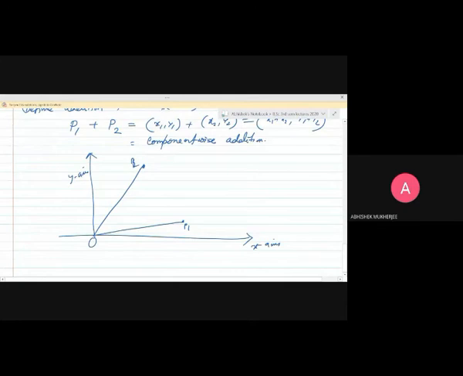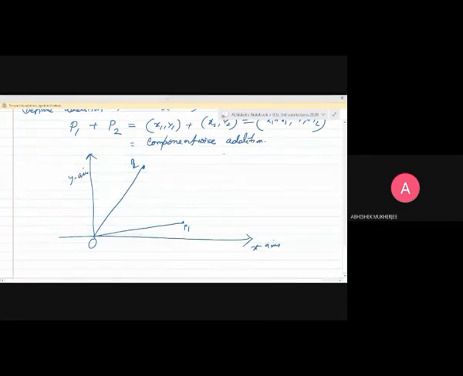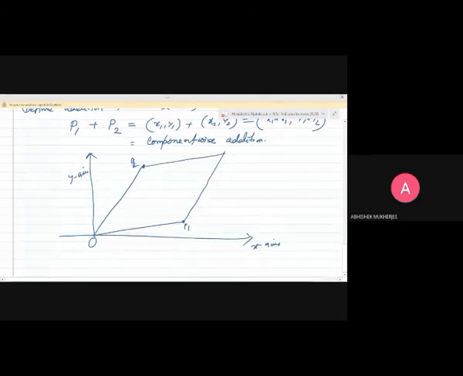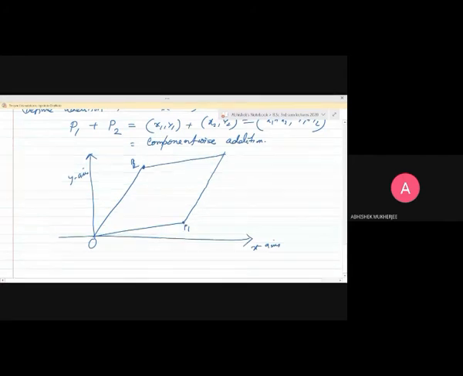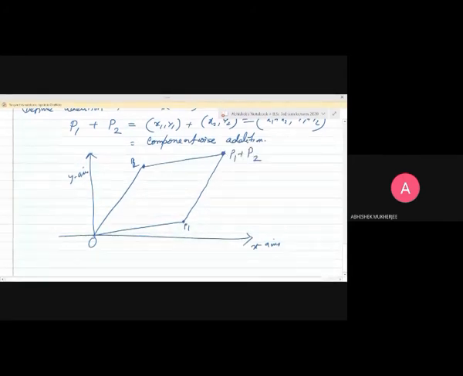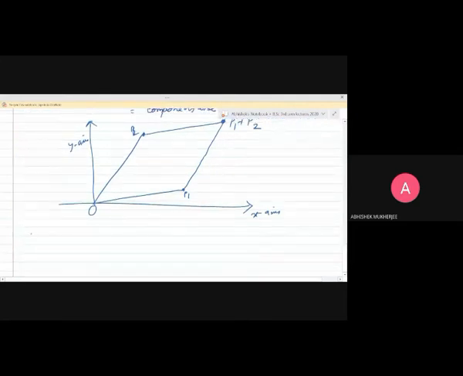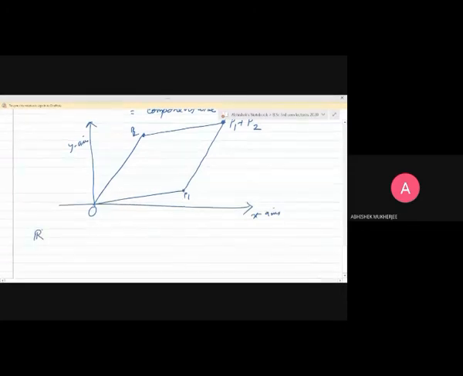Then how to get the addition of P1 and P2? Just take this parallelogram. So this point will be your P1 plus P2, right? So with respect to this addition, R2 plus forms an abelian group.